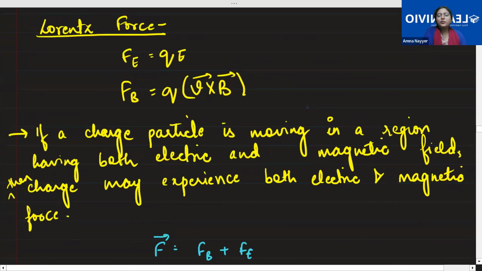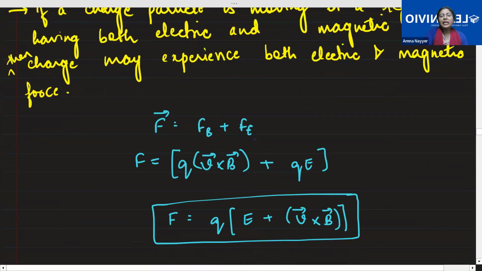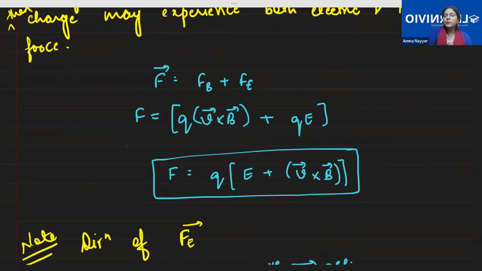Then coming to the Lorentz force, if the charged particle is present in such a field where electric field also exists, magnetic field also exists, both of these fields are existing. So the combined force will be the sum of the magnetic force as well as the electric force. The magnetic force is Q V cross B. The electric force is Q into E. When we combine these two, the charge is taken out, and the electric field plus the cross product of velocity and the magnetic field are left over here.